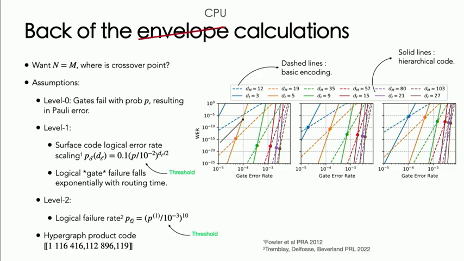What we're seeing here is, for this fixed hypergraph product code, we're asking what happens if I were to perform this one round of concatenation. I've concatenated with this surface code, and the specific code that I concatenate with is shown here using solid lines. In contrast, there's a basic encoding, which uses a lattice of size dm, whereas the hierarchical encoding uses a surface code of size dl.